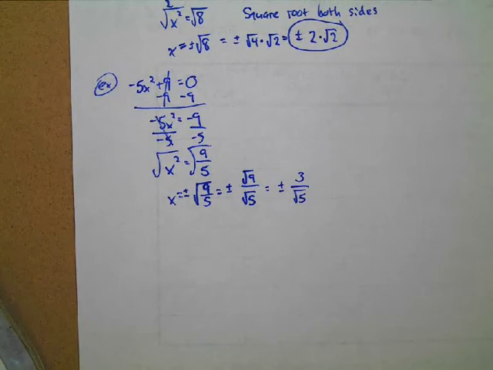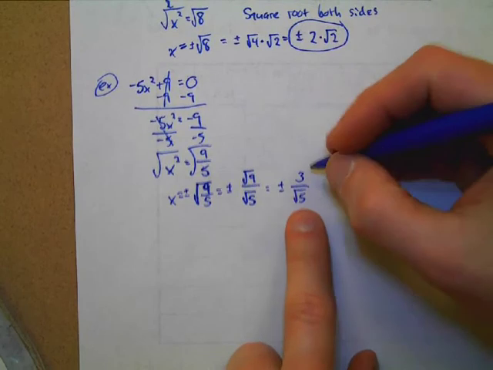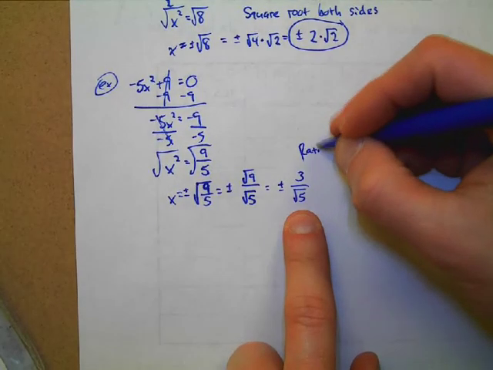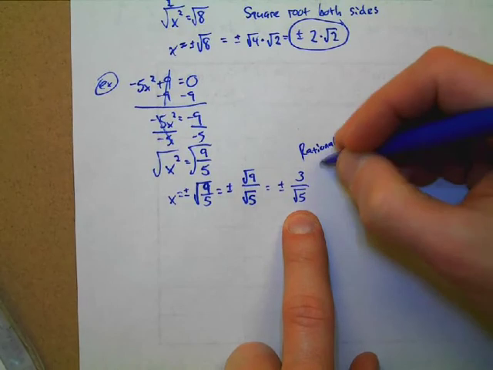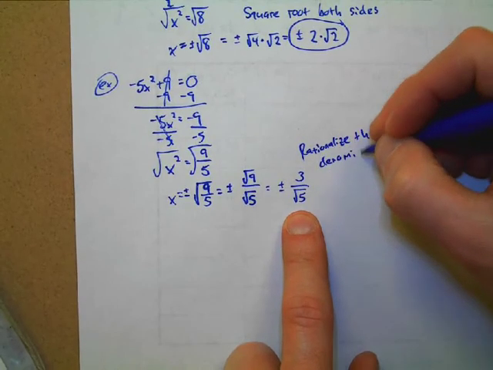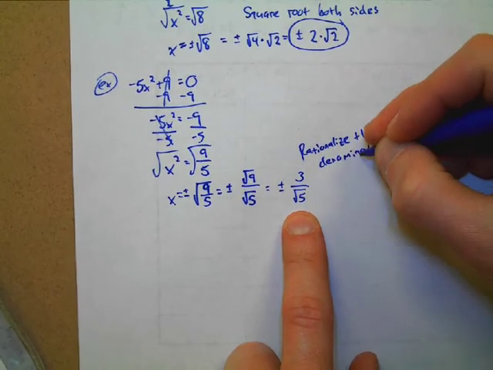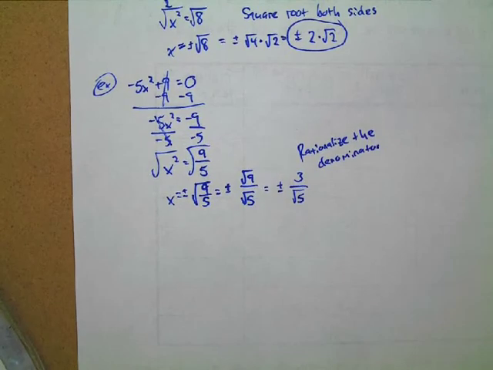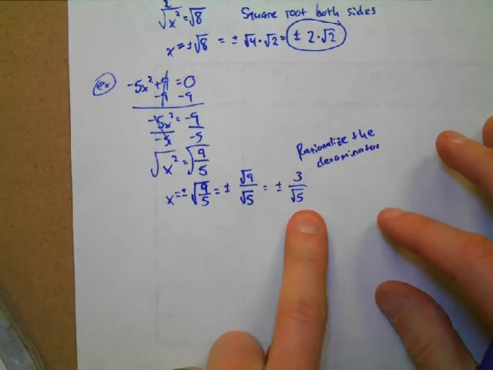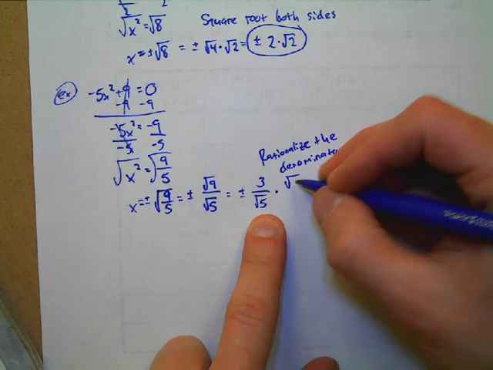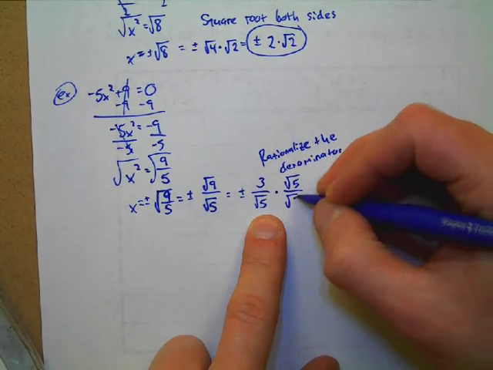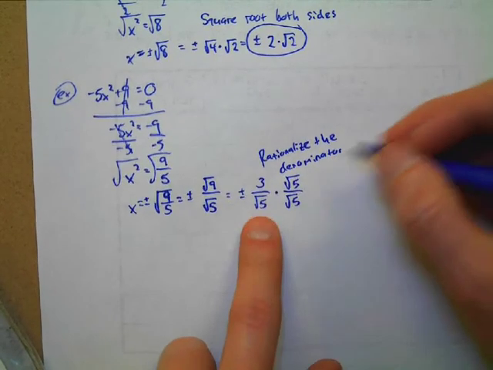However, we have to do something called rationalizing the denominator. We can't leave a square root in the denominator. So how do we fix it? It's really easy, actually. We multiply the top and bottom of the fraction by what's in the square root there.